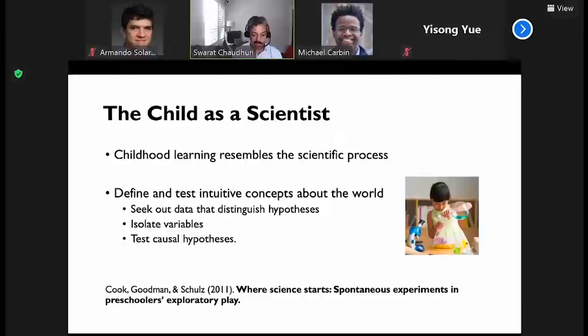And then they sometimes figure out that they need to go in and try the same thing that they did, maybe with a little variation. And you can think of that as the child seeking out data that distinguish hypotheses and isolating variables and testing causal hypothesis and so on.